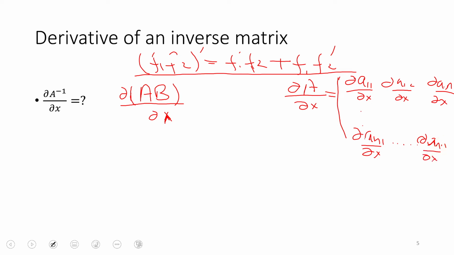So that's a matrix, and that's the definition. This is the numerator layout; I'll talk about the denominator layout later.